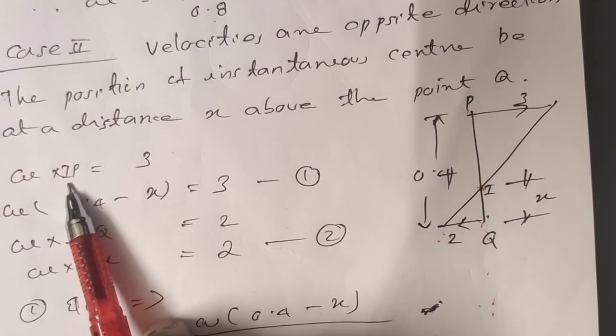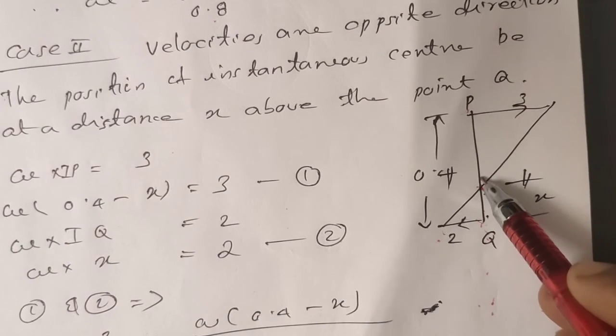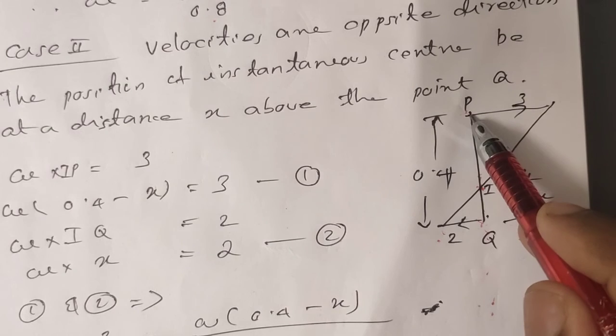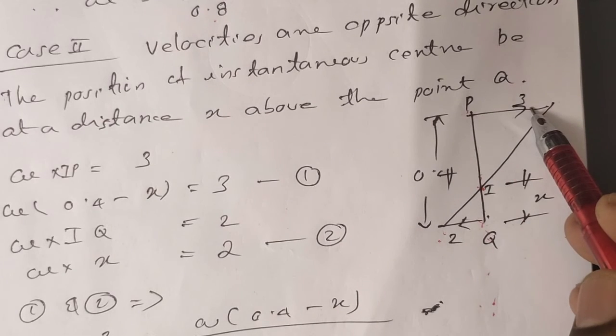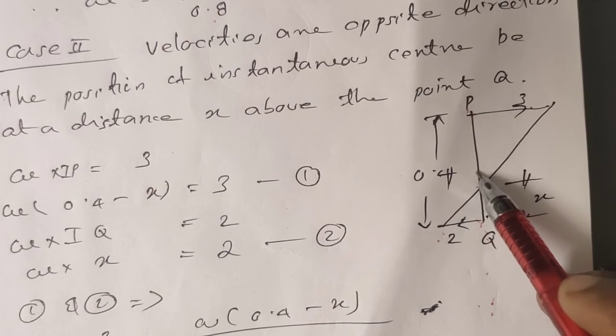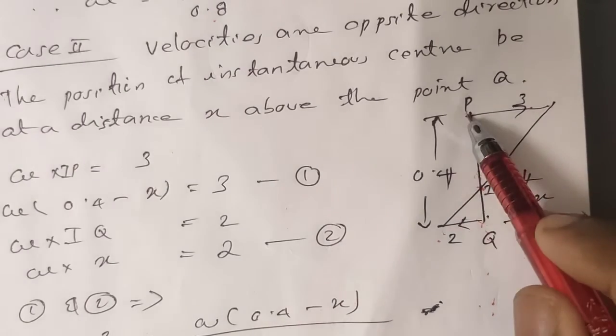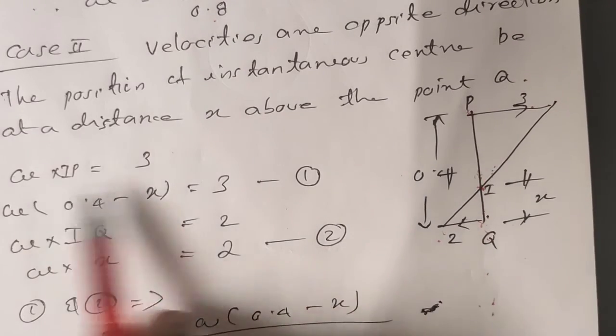So omega equal to, we are considering this velocity over there, that is 3. We know that the angular velocity omega into this distance IP is equal to 3.